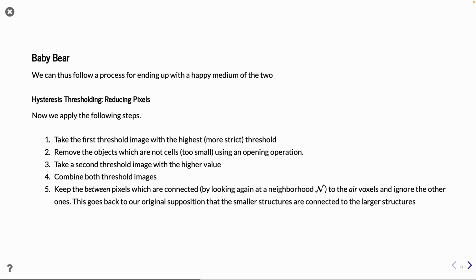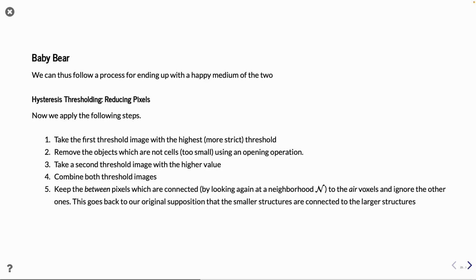So what to do? First we do these two thresholdings. In the strict threshold we do some cleaning, so we could do maybe some opening operation just to remove small misclassifications that were still in.